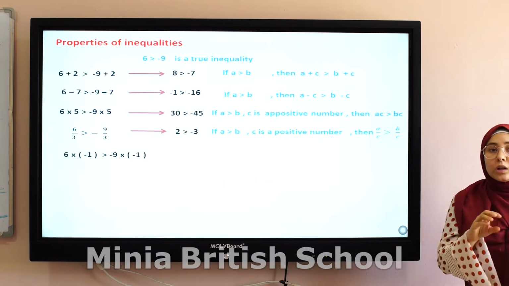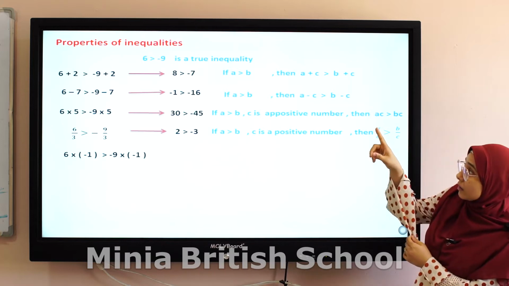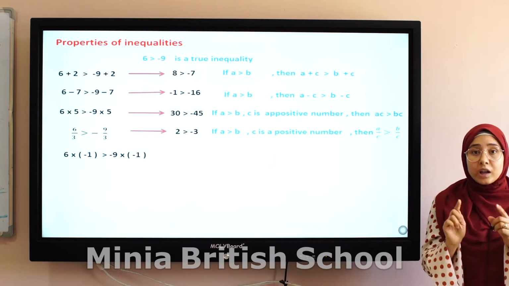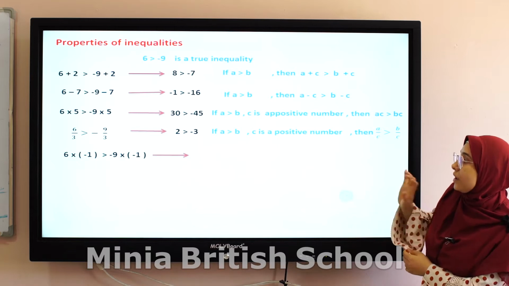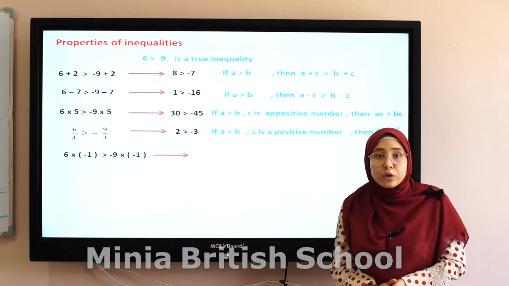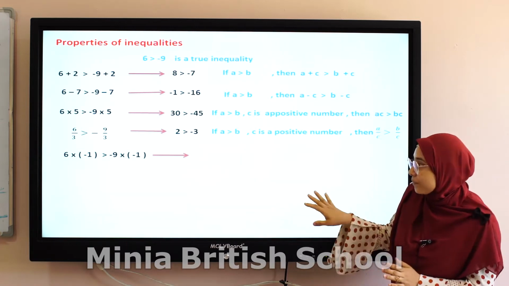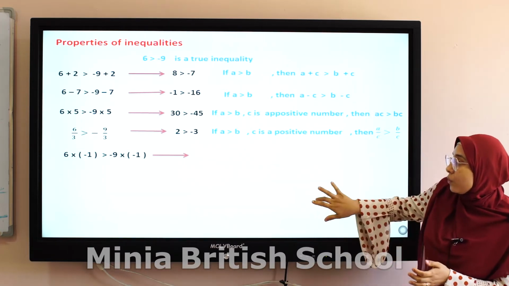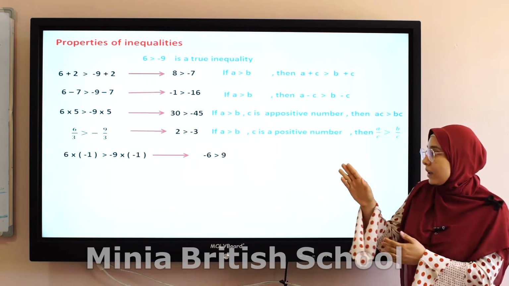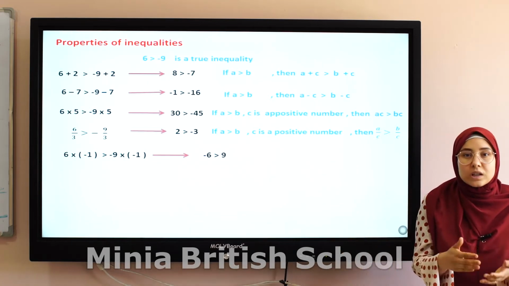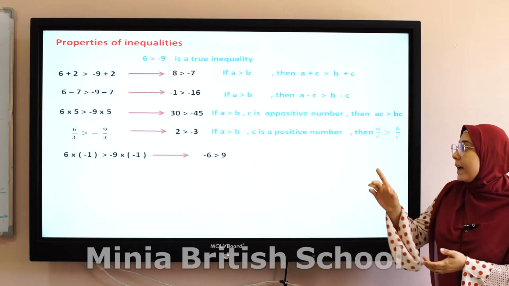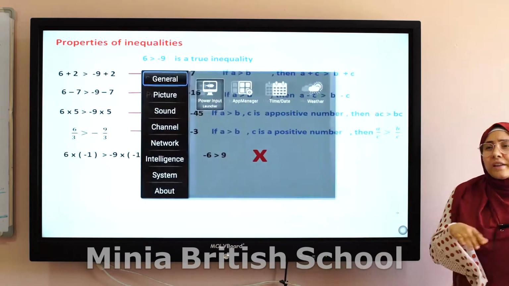Here, I will multiply the first inequality by a negative number. Like here, 6 times -1 greater than -9 times -1. So 6 times -1 equals -6, and -9 times -1 equals what? Equals 9. Oh, -6 greater than 9?